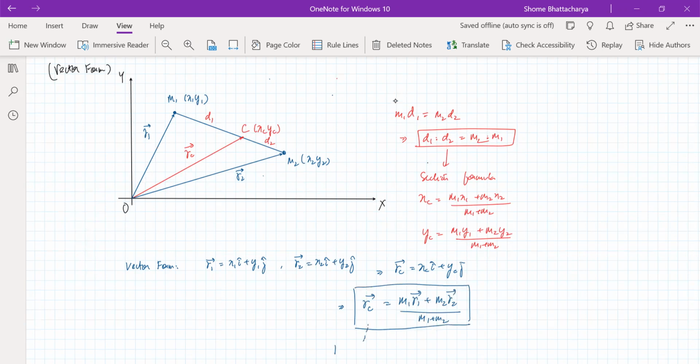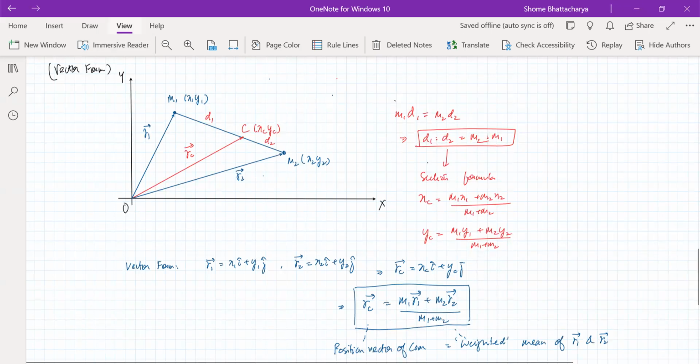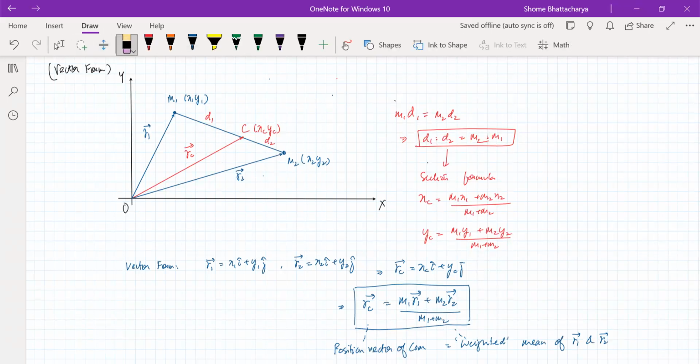You can see that the position vector of the COM is the weighted mean of R1 and R2, that is the position vectors of the individual particles. Just make a note of this, people.